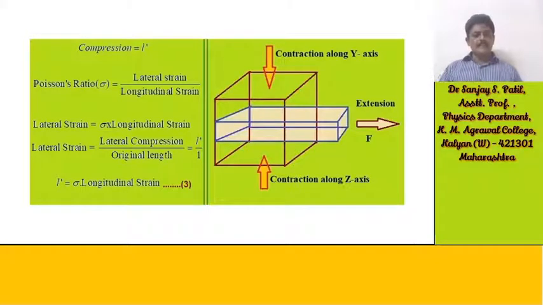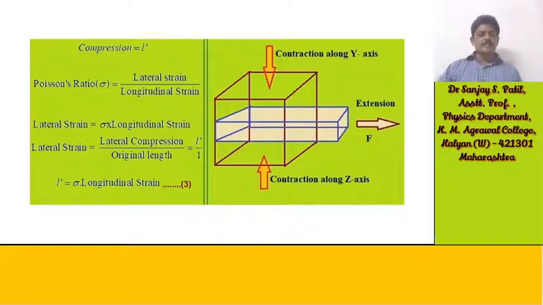From this, lateral strain is equal to sigma into longitudinal strain, and lateral strain is equal to lateral compression divided by original length. Lateral compression is L dash and original length is 1, so lateral strain is equal to L dash.